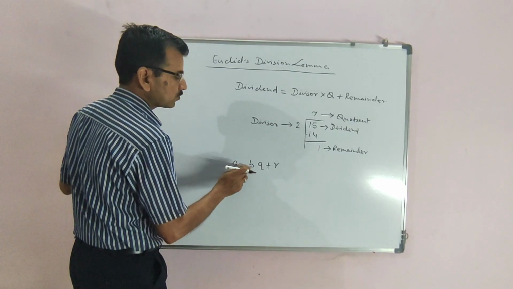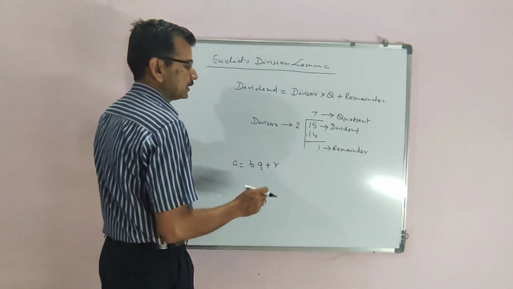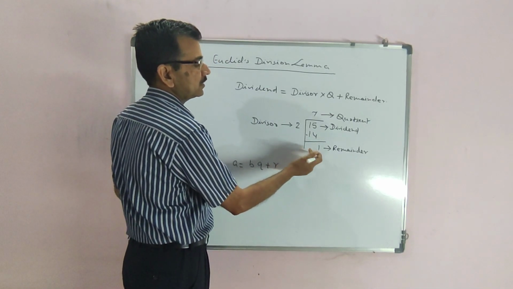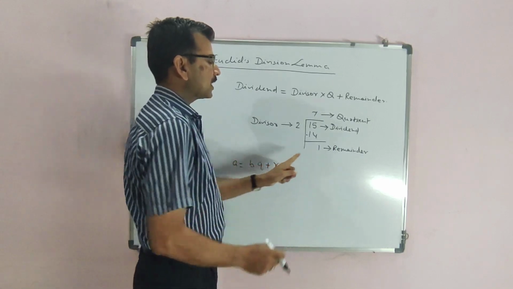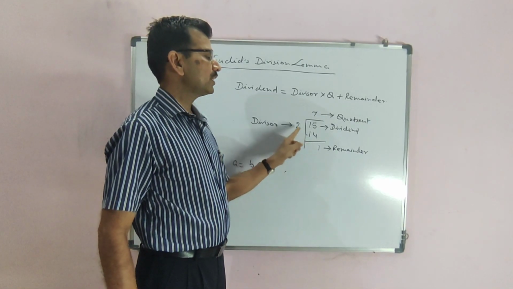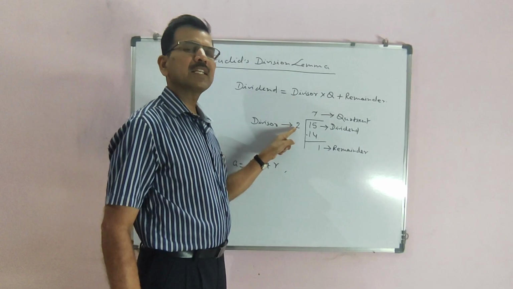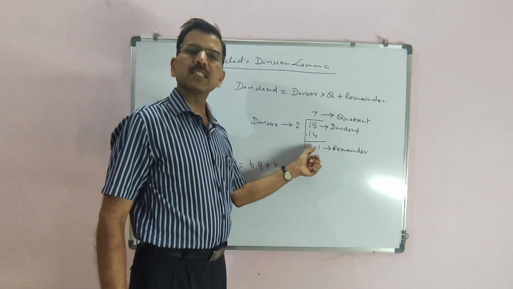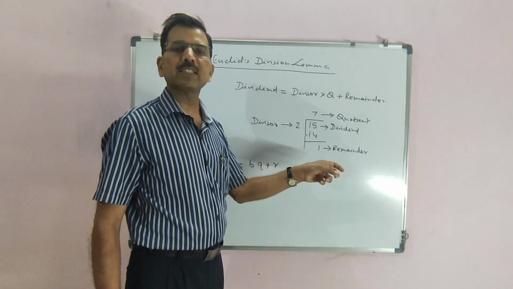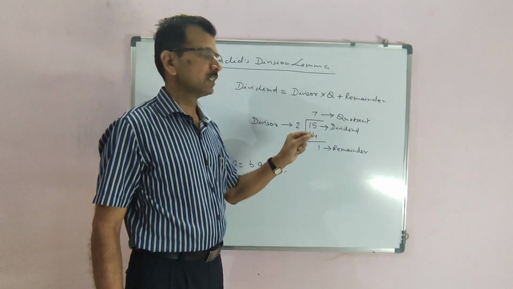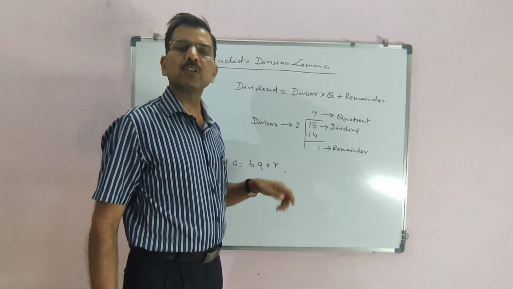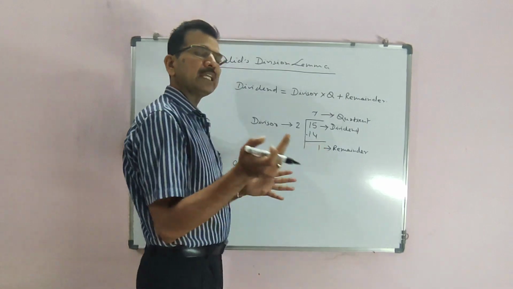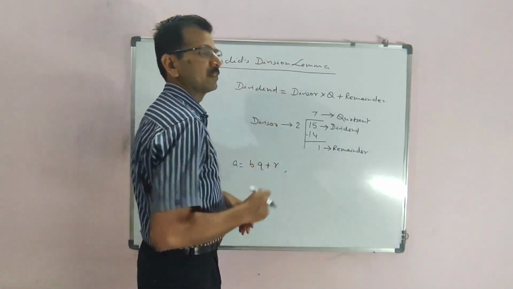Now, if it is A equals to BQ plus R, then here some condition is there for R. This R remainder should be always smaller than the divisor. Why? Because if this remainder is more than the divisor, then we can divide it for more number of times. So therefore, this remainder should be smaller than the divisor.